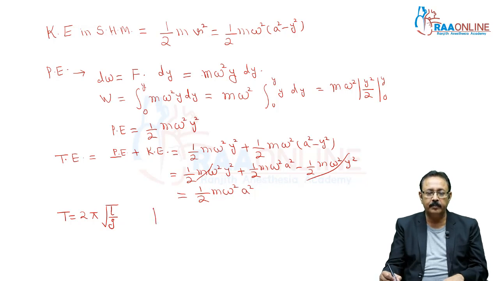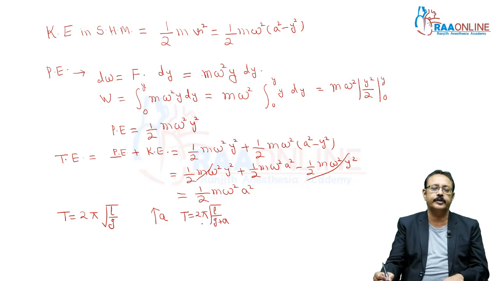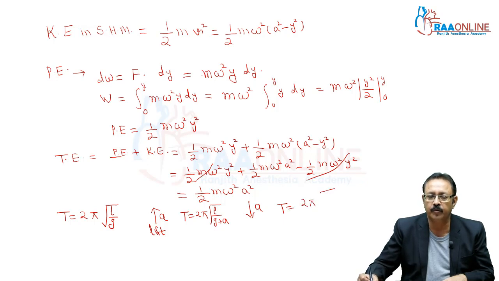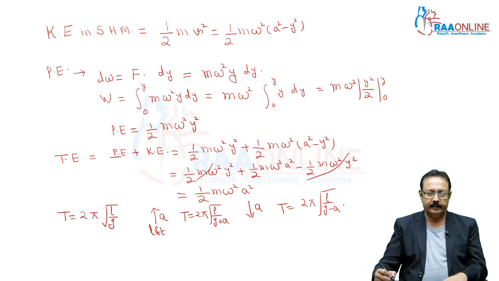If this pendulum is in a lift which is moving with acceleration a in upward direction, T will become 2 pi root over L by g plus a, apparent change in the value of g. If lift is moving downward with acceleration a, T will become 2 pi root over L upon g minus a.